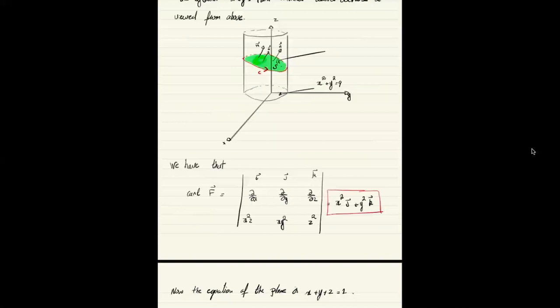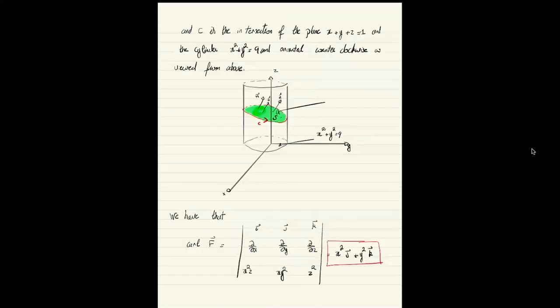You can do it really with r_u and r_v, but we did that last time. So S is a graph of a function, z equals 1 minus x minus y, and x and y are allowed to vary inside this disk. This is the disk that gives you exactly the surface when you project.